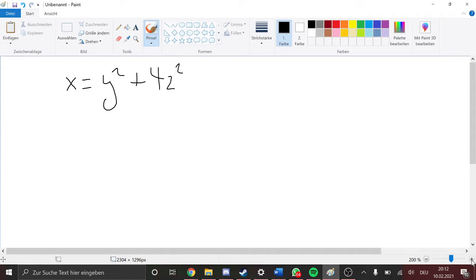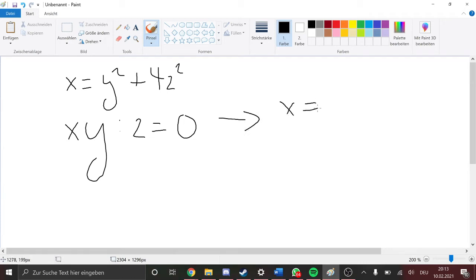So to start, to go into our xy plane, we will set our z value equal to 0. This will produce the equation x equals y squared. Then we already know from this equation that the shape is going to be a parabola on the xy plane.